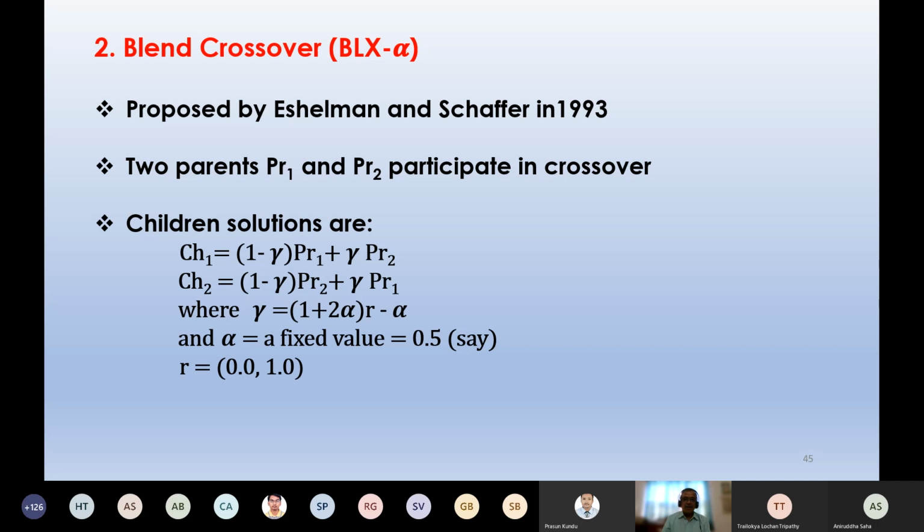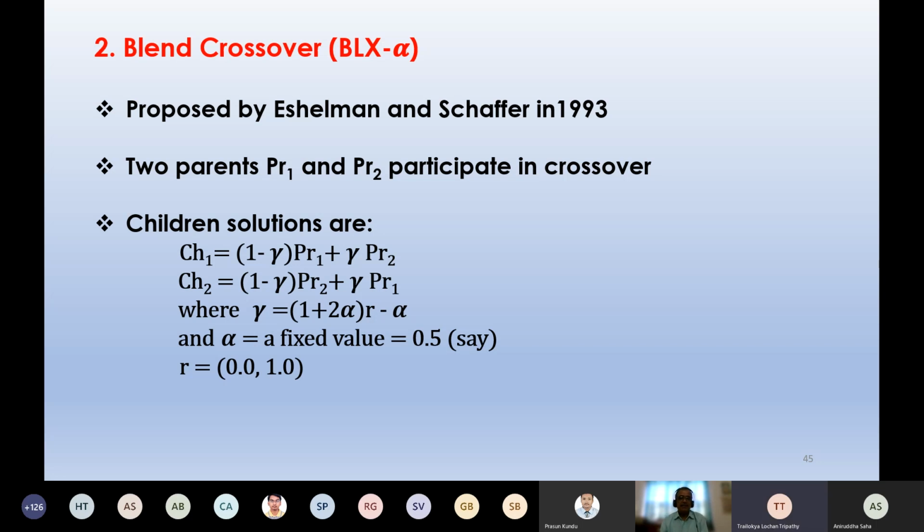So the user can make some trial and error runs just to decide the value for this particular alpha, so that this crossover operator becomes more efficient to solve a particular problem, and that is problem dependent. That flexibility is given in this algorithm. If you directly use r, that flexibility will be lost.